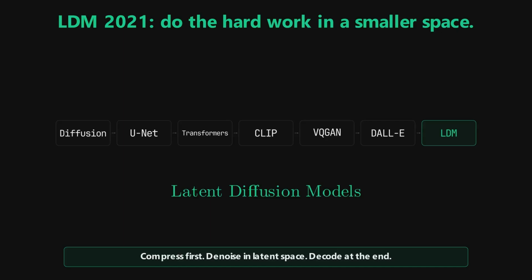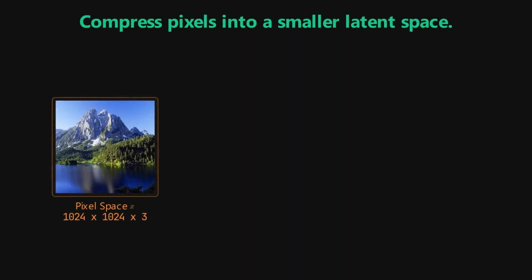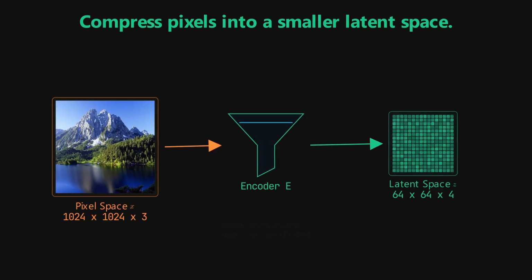First, compress the image. An encoder takes the image from pixel space and maps it into a smaller latent space. This latent representation is not the full image in the raw pixel sense, but it still keeps the important information, layout, shape, texture, and semantic structure. Now the diffusion process happens inside this smaller latent space. Noise is added to the latent.